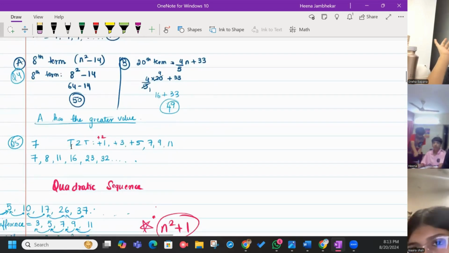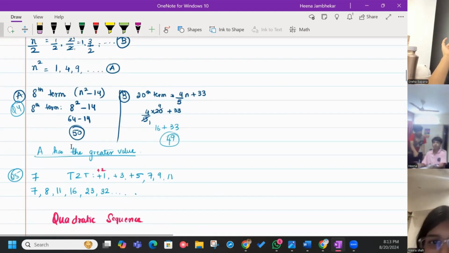Now they are saying the 8th term in the sequence, nth term is n square minus 14, and the 20th term in the sequence is 4 upon 5 n plus 33. Are we understanding this? They are asking which of these has a greater value.